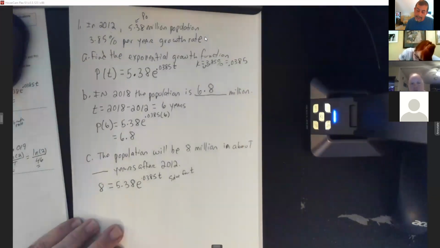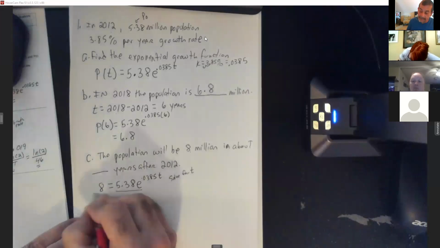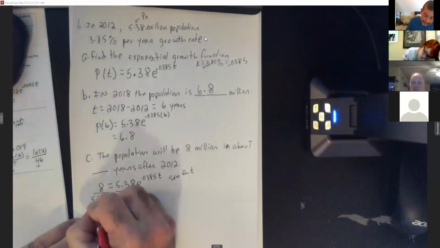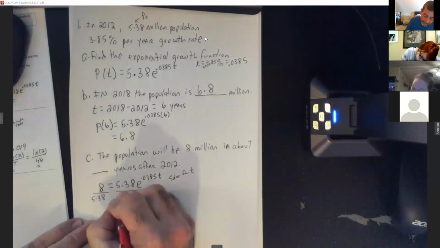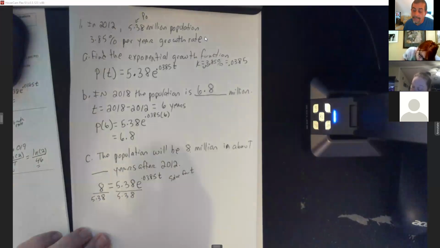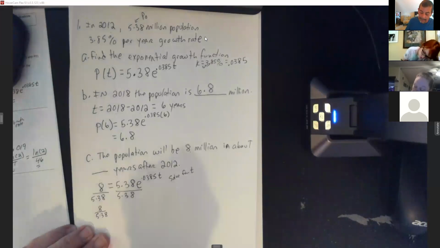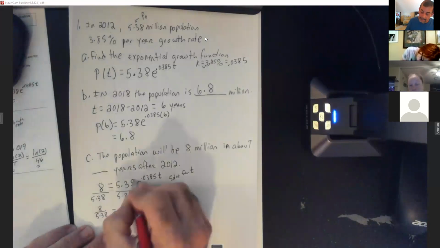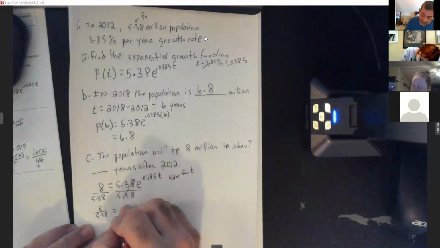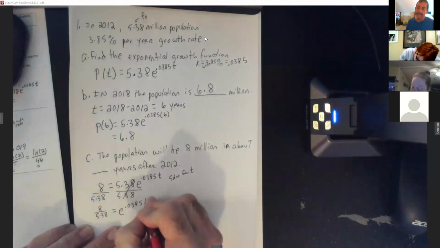The first thing you would do is divide both sides by that 5.38. Now, I'm not going to divide it yet. I'm going to leave it as 8 over 5.38. That's going to cancel on that side, and I get e to the 0.0385t.